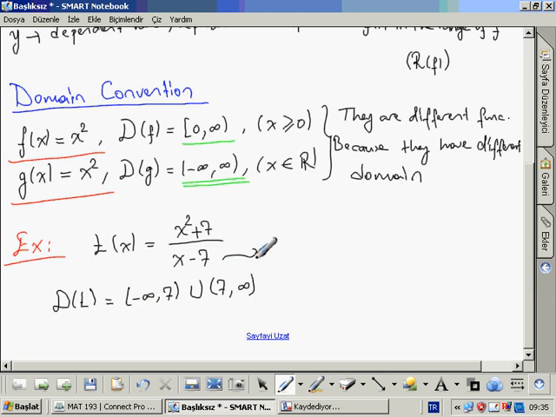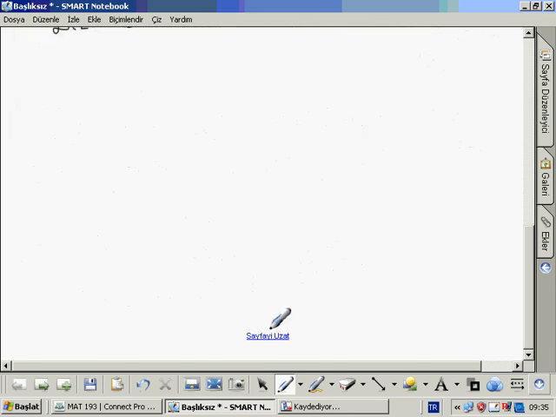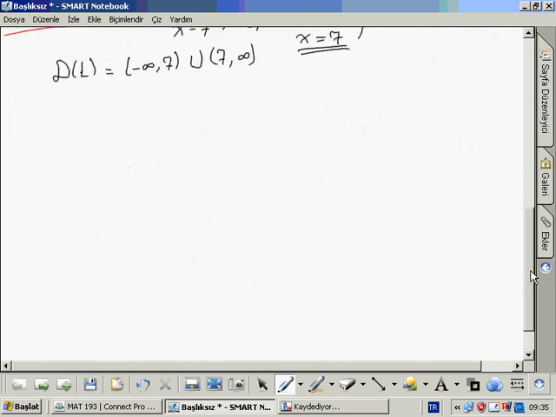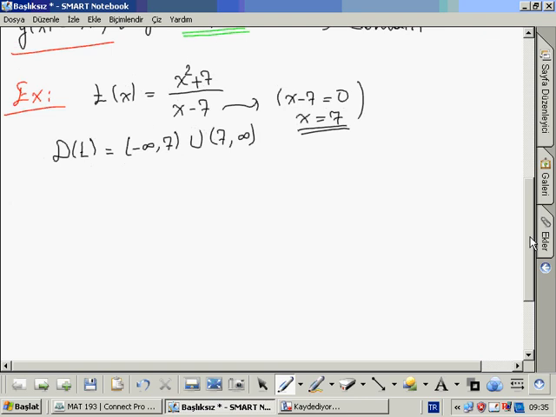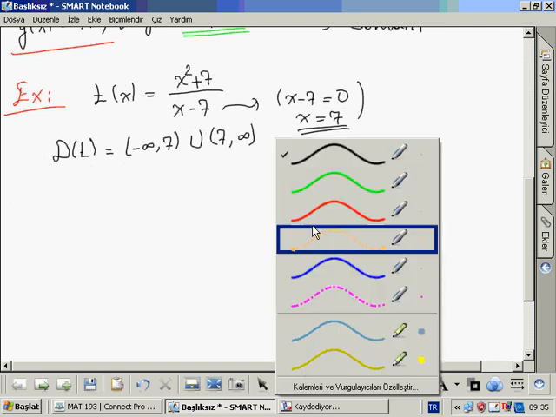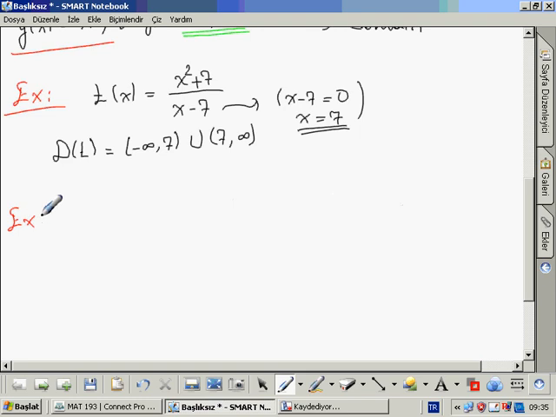As you see, in the denominator part we have x minus 7, when it equals 0, x equals 7. And this part must be subtracted from the whole real numbers, because it will be undefined.